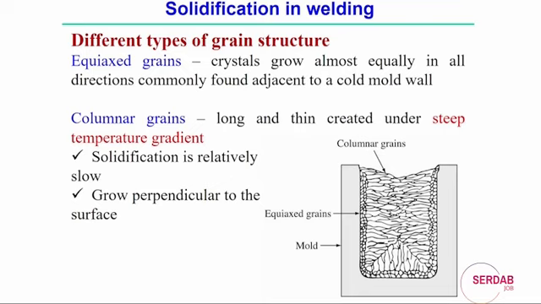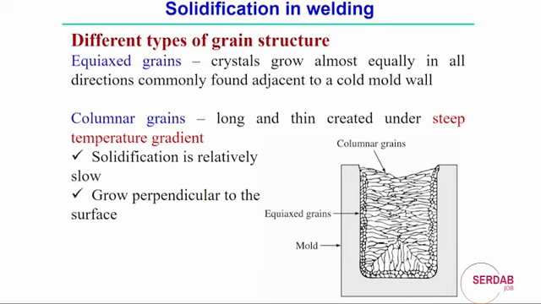Similarly, we can find the columnar grain structure. It is long and very thin, created under a steep temperature gradient. A high temperature gradient oriented in a specific direction is the driving force that makes columnar grains. Columnar growth is relatively slow compared to equiaxed grains, because equiaxed grains form throughout the surface almost at the same time.